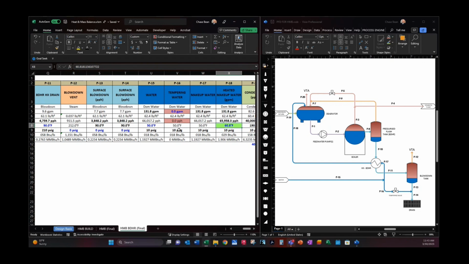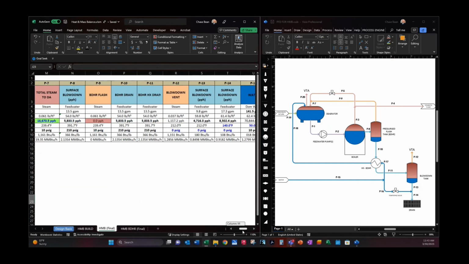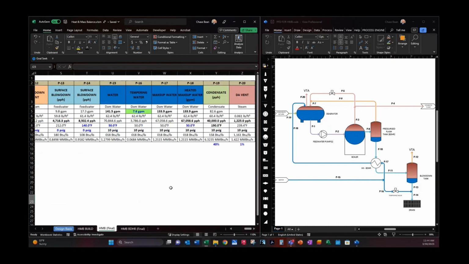So in that case you have a required flow rate of water to temper that temperature down. Your P13 temperature is 212 degrees, your P16 temperature is 50 degrees, and you're adding a certain amount of water to get this P14 temperature down to 140 degrees. So that's what that is.